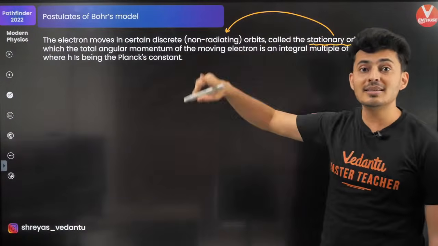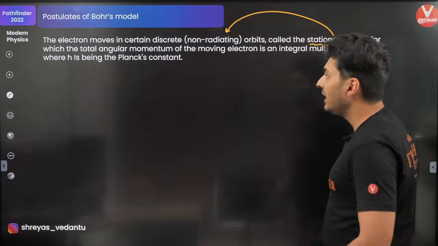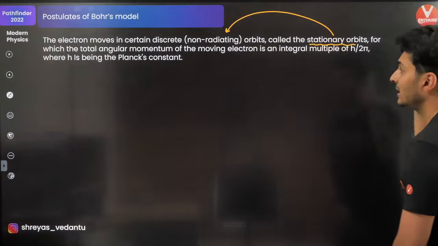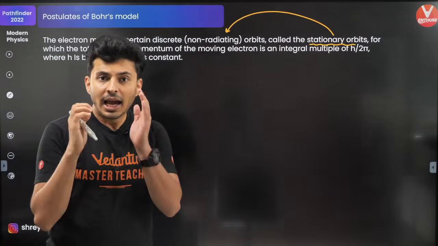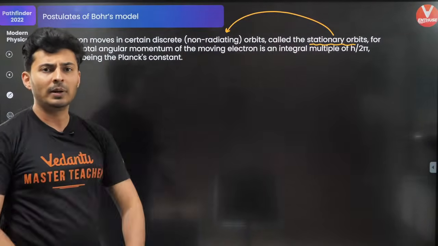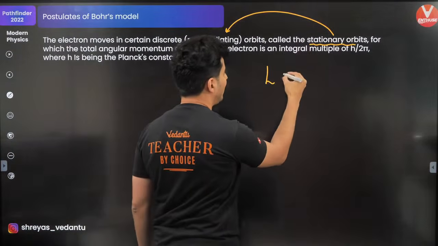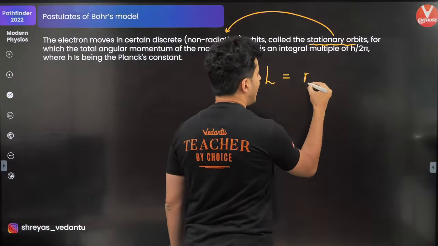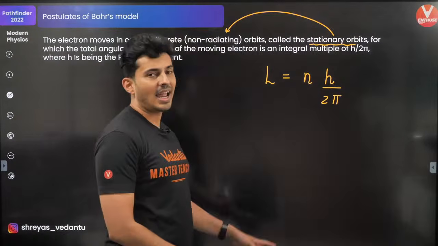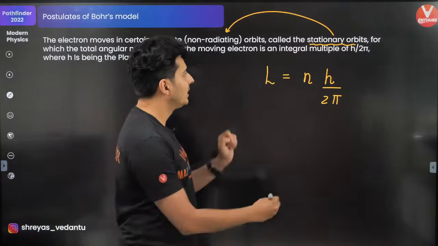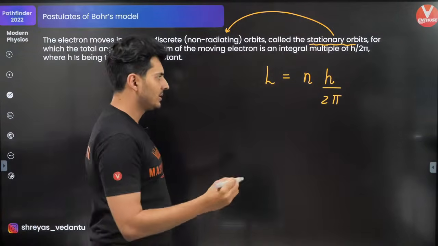So only in these orbits will the electron not emit any kind of radiation, and those orbits have fixed angular momentum. What is that fixed angular momentum? That fixed angular momentum L is nh by 2 pi. This is the angular momentum of any electron revolving around the nucleus.